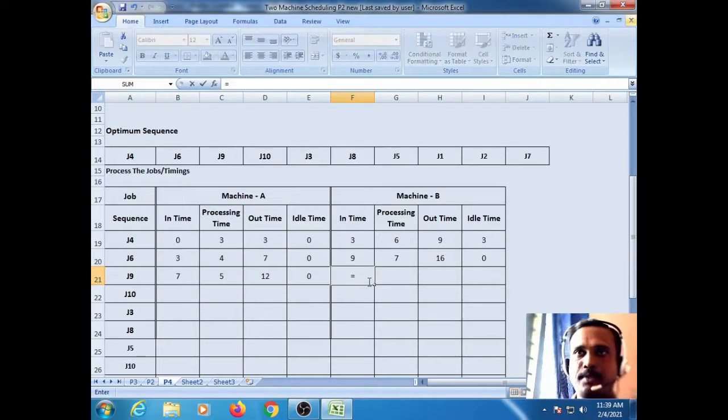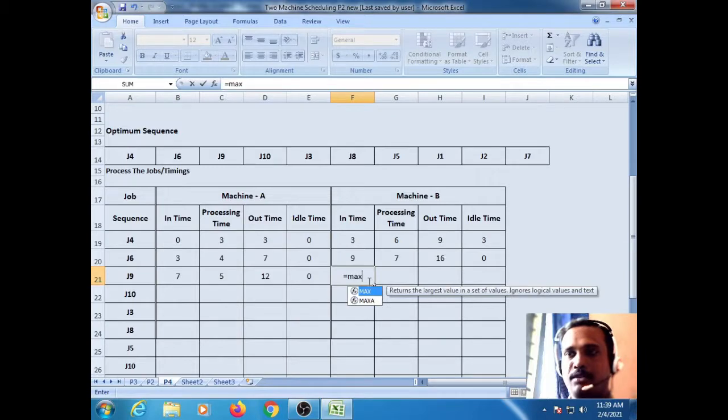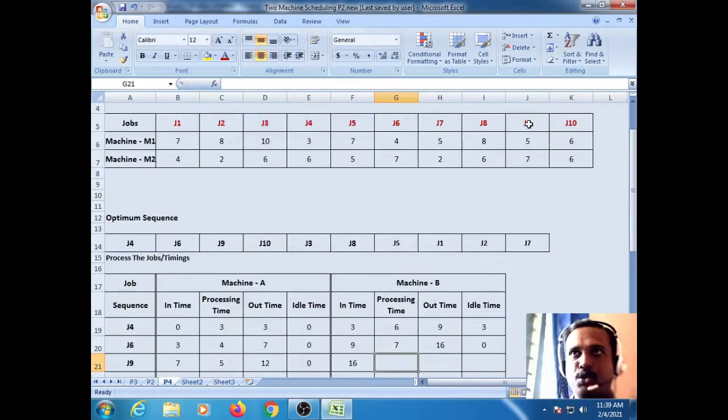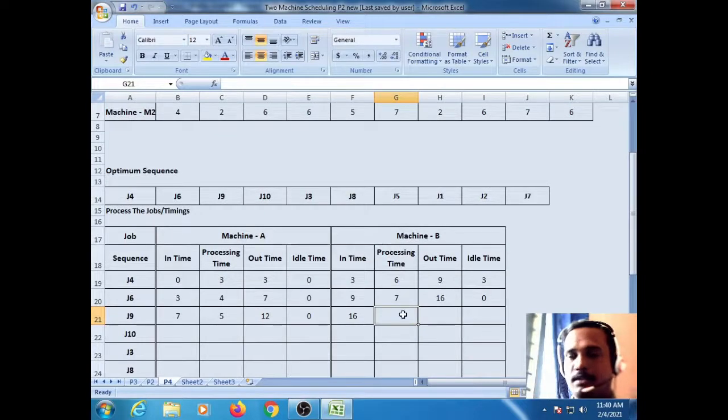Okay, so max of, okay, 16 we have to take. So the job 9 processing time for machine B is 7 hours.